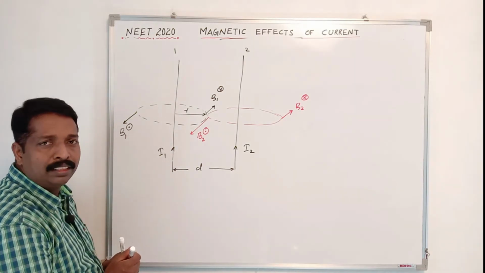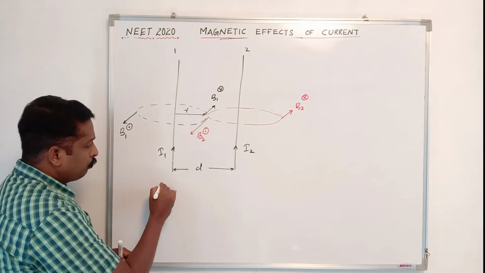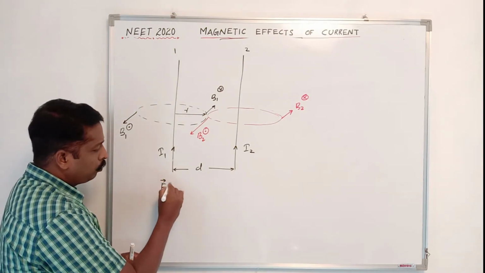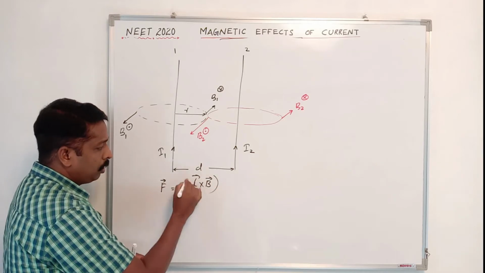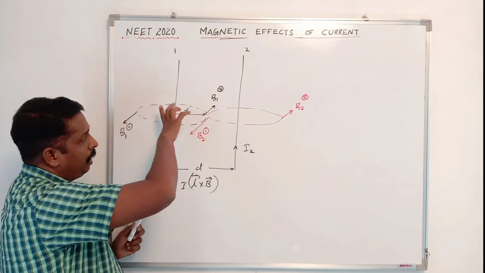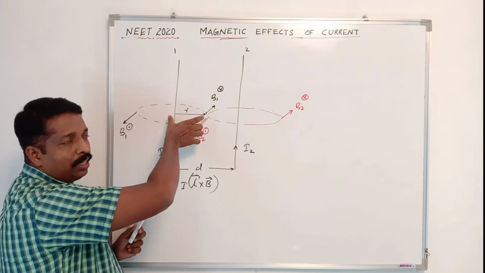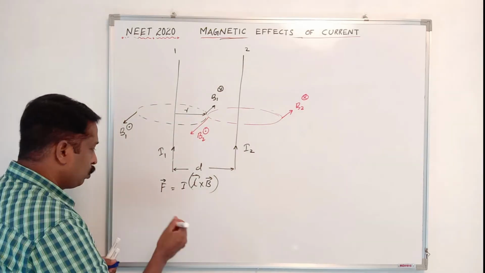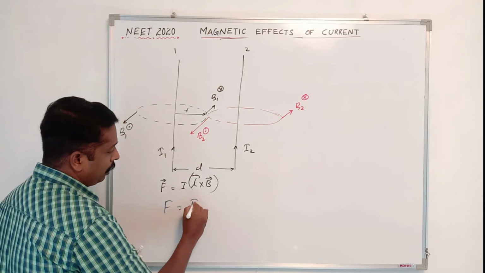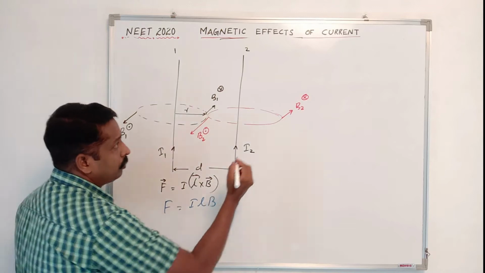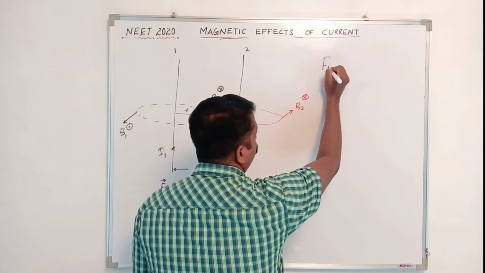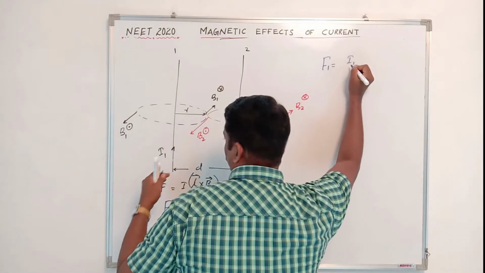Then how will you write the equation for force? We have F is equal to I into L cross B. Here the length of the conductor and the magnetic field are perpendicular to each other, so force can be written as ILB. In the first conductor, F1 is equal to I1, the current through the first conductor.